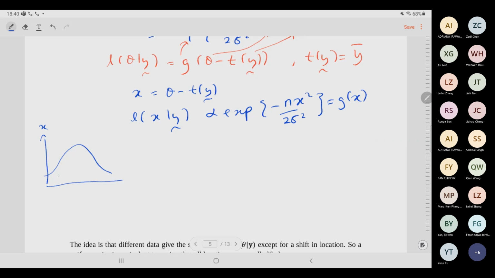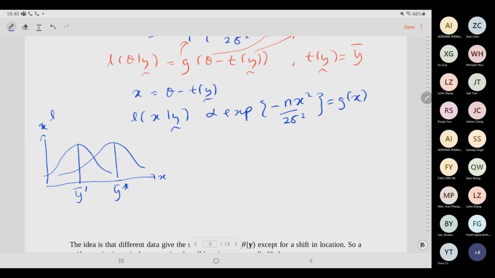They have the same shape, but depend on, so it's not x here, x should be here, and this is your L, the function of your x. The shape is the same, but it depends on your center, which depends on your y bar, your statistic. It could be this y bar or that y bar. So the center will move, but the shape of the likelihood L is the same.